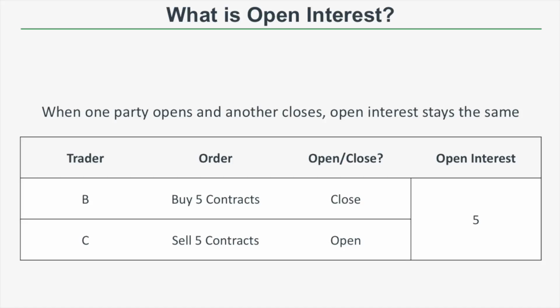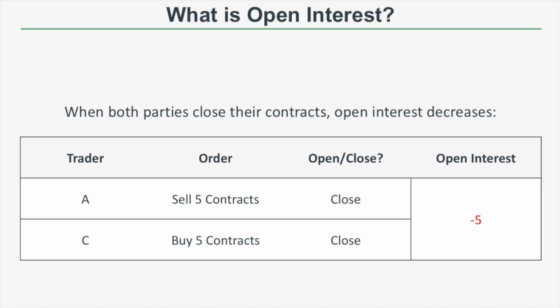So let's say trader B buys 5 contracts to close and trader C sells 5 contracts to open. What would open interest be in this case? Well, since only one of the orders in this case is a closing order and one of them is an opening order, open interest actually isn't going to change because now trader B is out of the equation, but trader A still has 5 contracts open and trader C has 5 contracts open. So open interest in this case remains at 5.